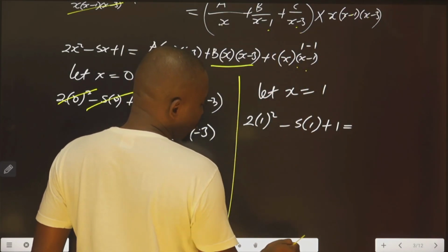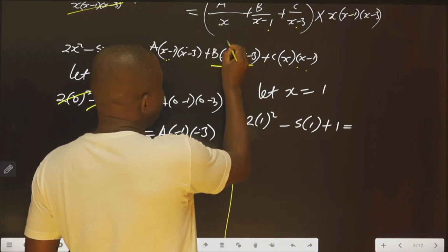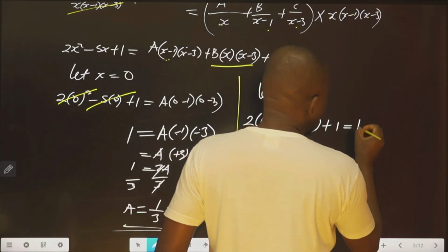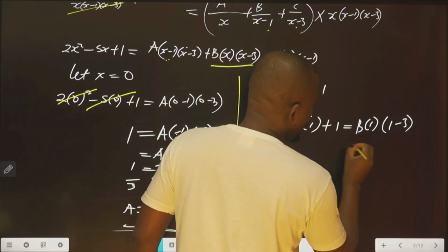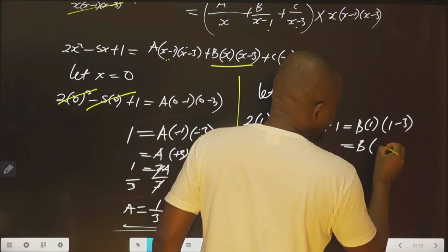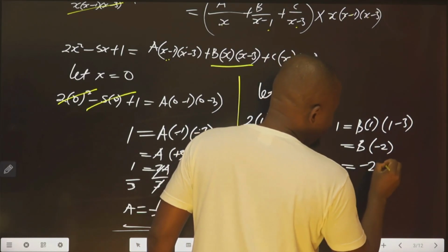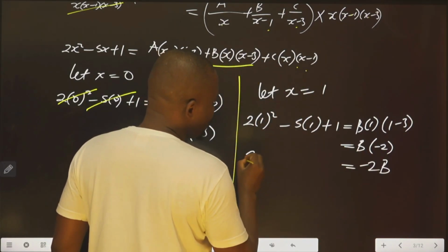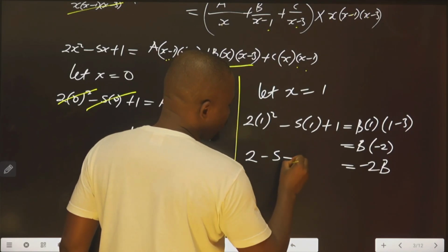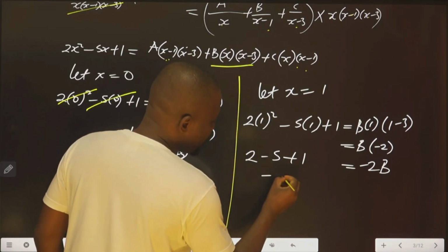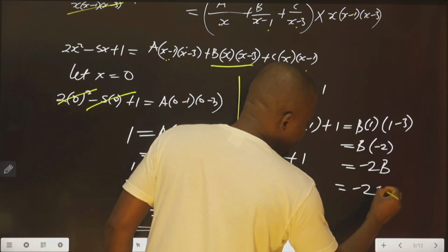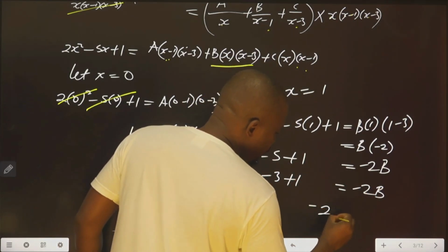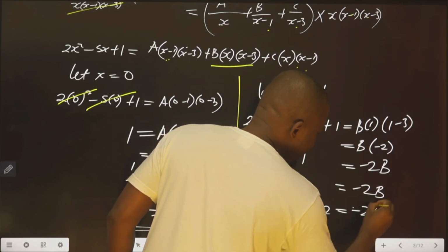Everything here will produce 0, so let's only work on this. That is b times (1 minus 3), okay? Which is b times minus 2, that is minus 2b. Come to this side, that is 2 minus 5 plus 1. This will produce minus 3 plus 1 equals minus 2b. This will produce minus 2 equals minus 2b.